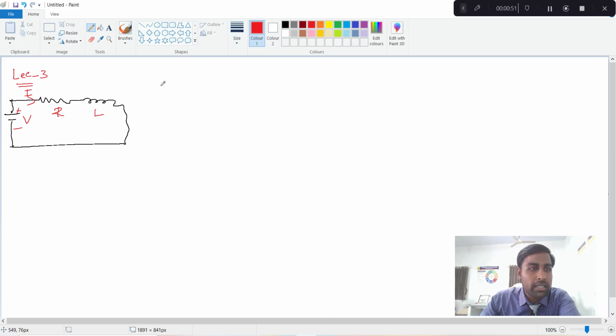So I am taking V equal to Vm sine omega t, and I have taken I equal to Im sine of omega t minus theta. These are the two expressions we have taken, and now I am going to derive the expression for power.